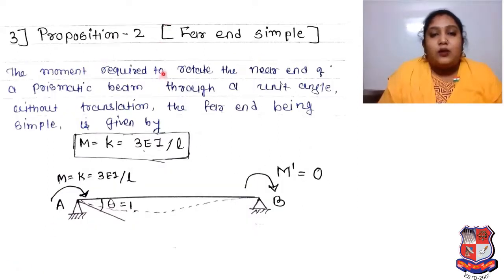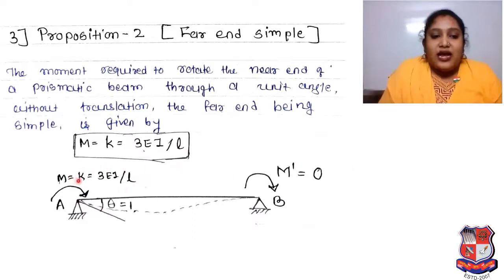Now proposition 2 is far end simple. The moment required to rotate the near end of a prismatic beam through a unit angle without translation, the far end being simple, is given by moment M equal to stiffness k equal to 3EI by L. Just observe the beam and compare it with what is written here.